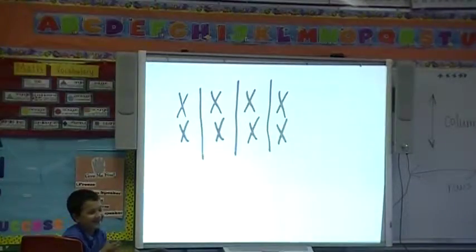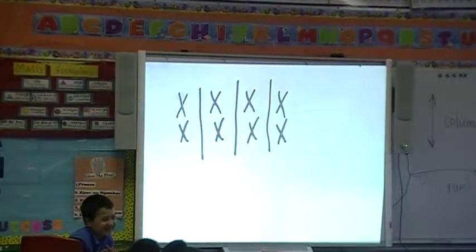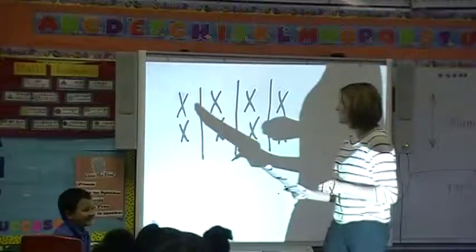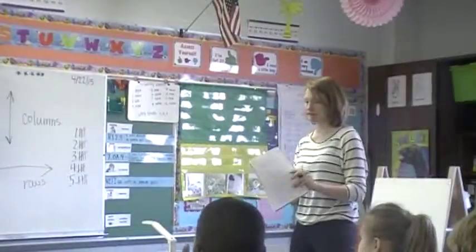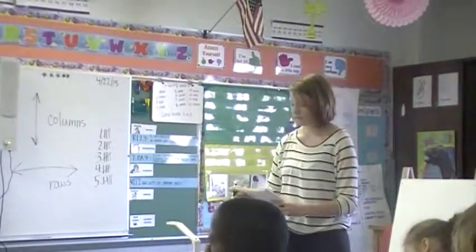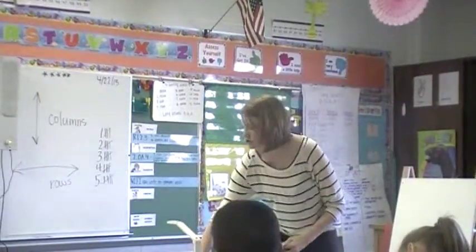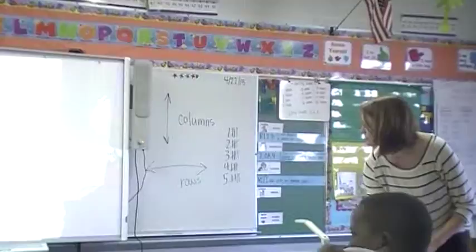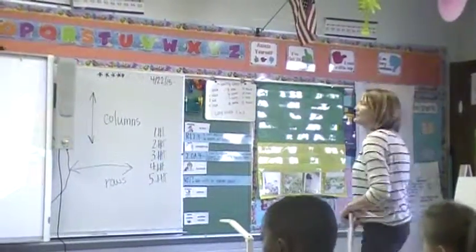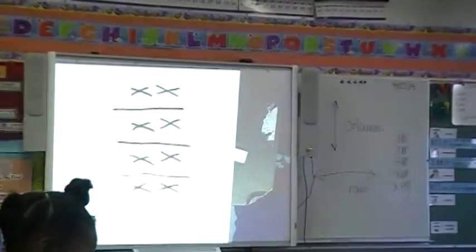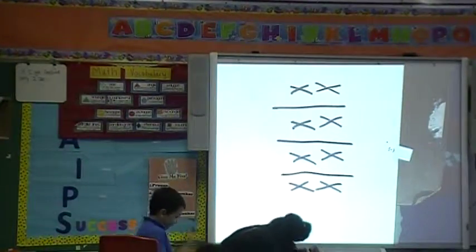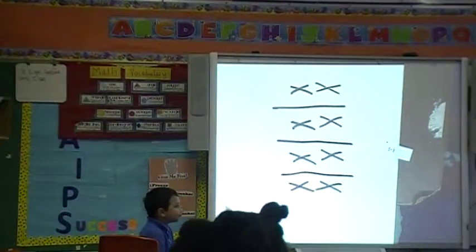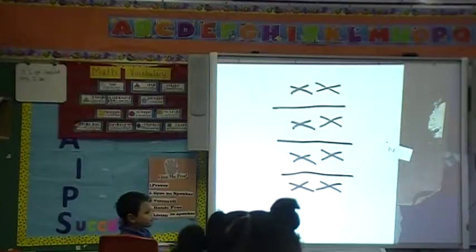All right. I'm confusing myself. It's supposed to be like that again. What would happen if I added another column of 4? Now these are in rows, I know, but you can still add a column. Kayla, what would happen?